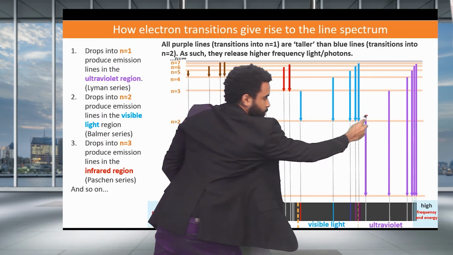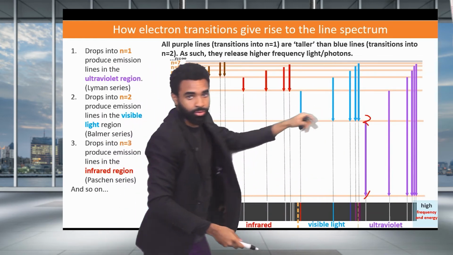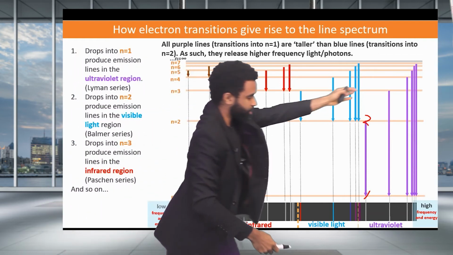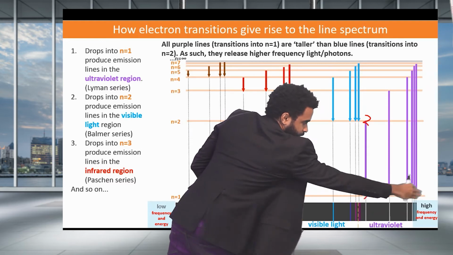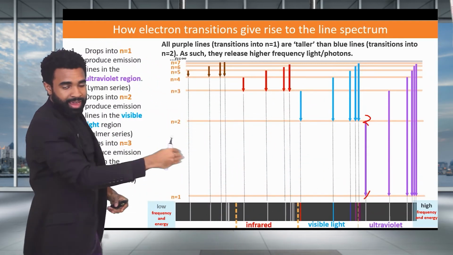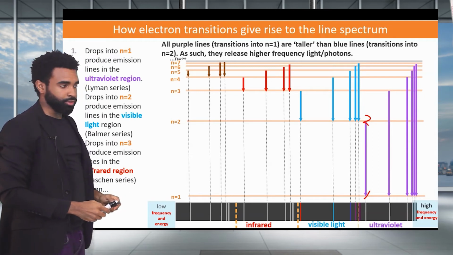So for example, 2 to 1 is a higher energy drop than like 9 to 2, for example. Okay? And because of that, all of the transitions down to 1 are higher energy on the spectrum, higher frequency on the spectrum than all the transitions into 2, and so on and so forth. That's an important thing that the IB might hold you responsible for.